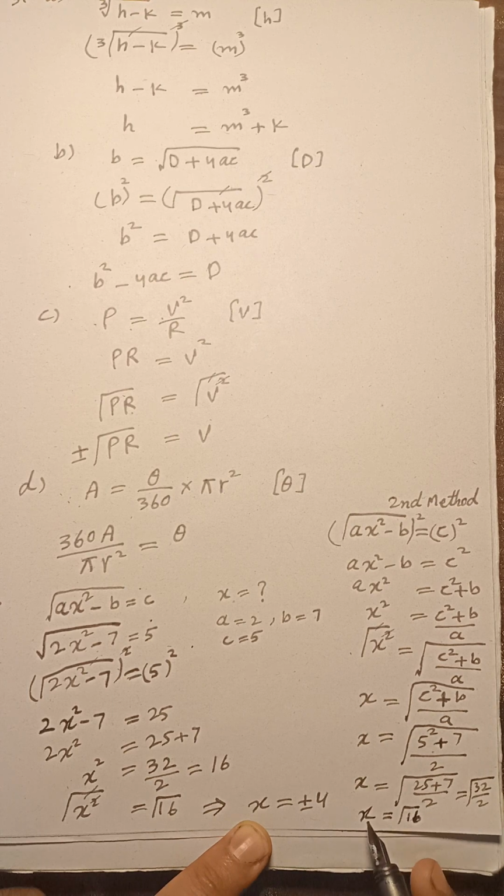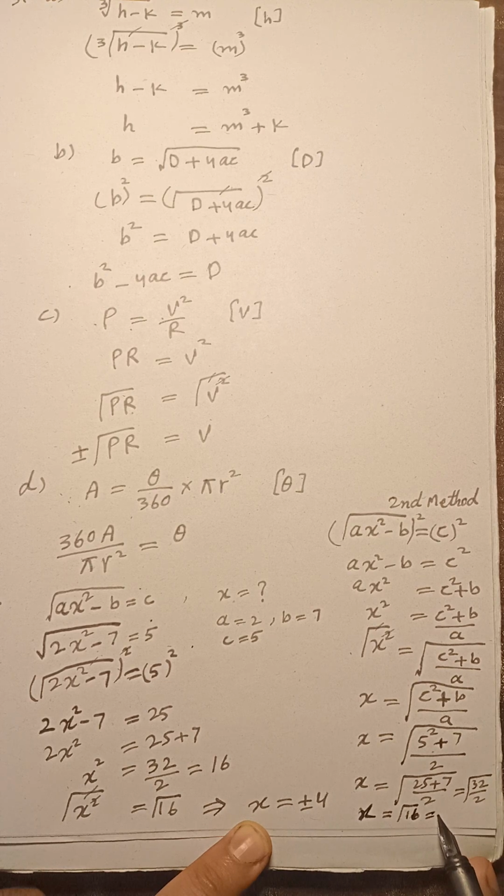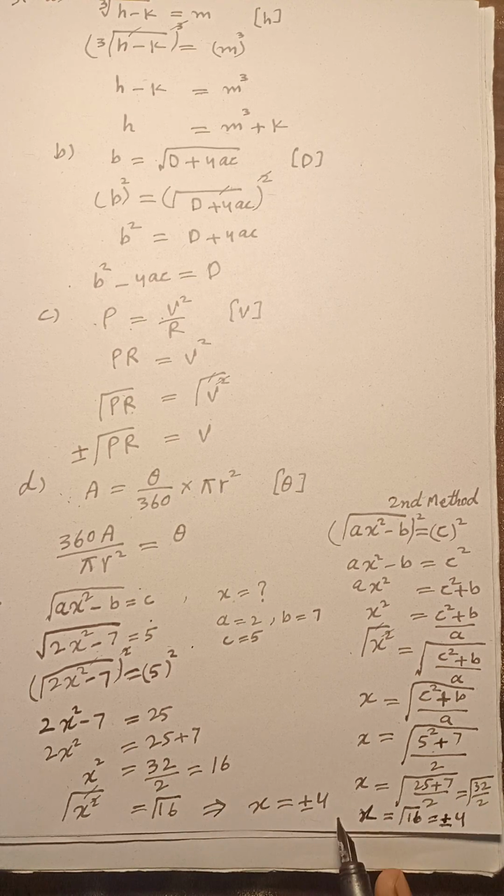When under root of 16 is taken, the answer is plus minus 4. So again the answer is the same. It means that you can follow any method whatever you like.